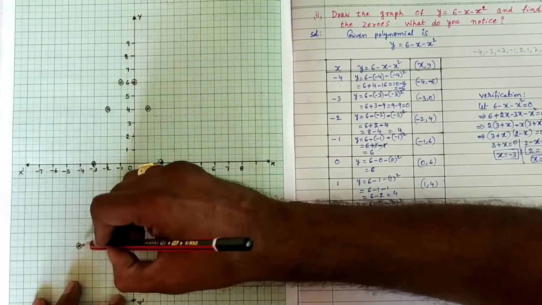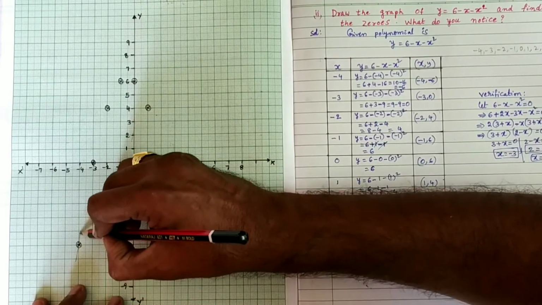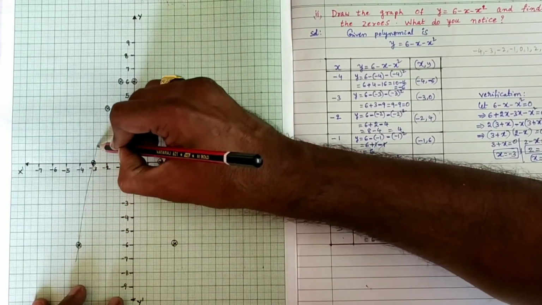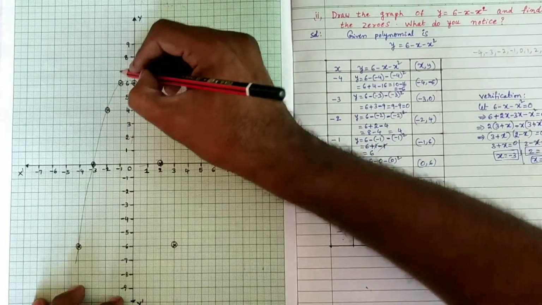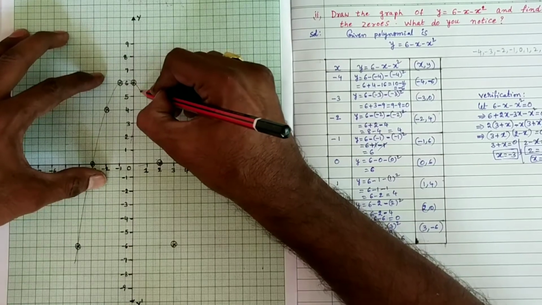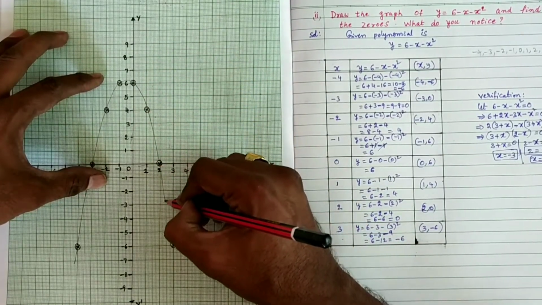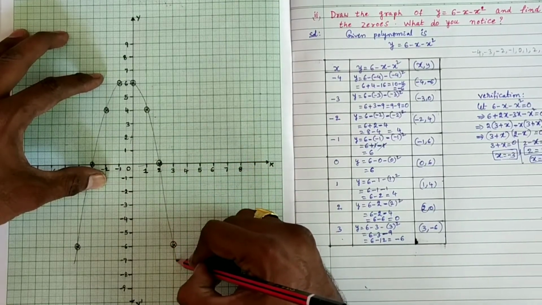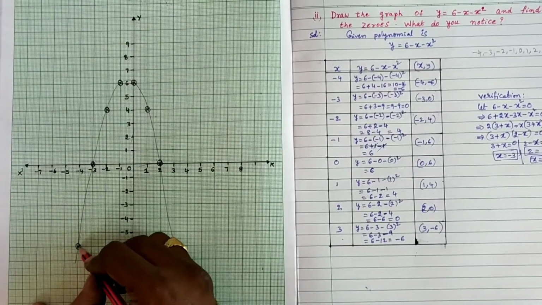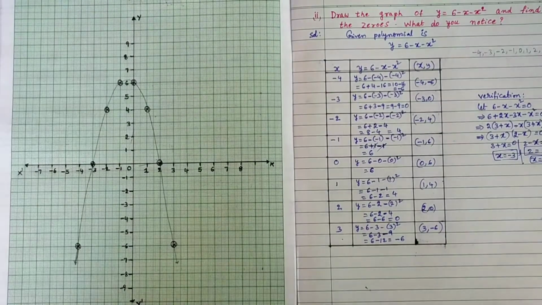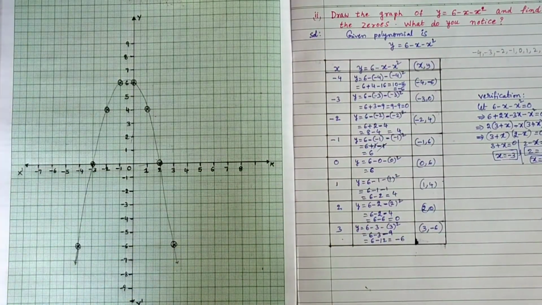You join by hand, in order you join these points. So this is the graph of the given polynomial.